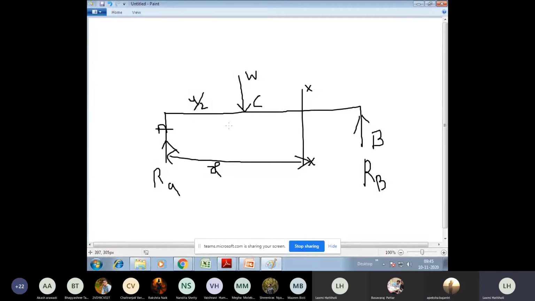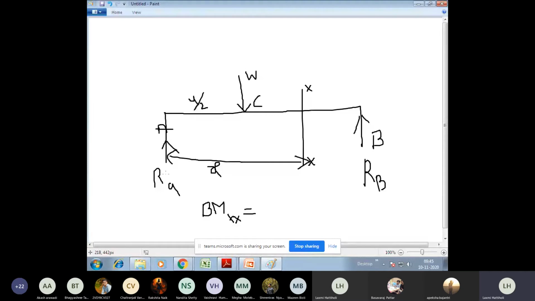This is a point C. Now I have taken a section here. What I am asking is, what is the bending moment at XX? Just see the left portion. How many forces do you have? Two forces, RA and W. First think about RA.